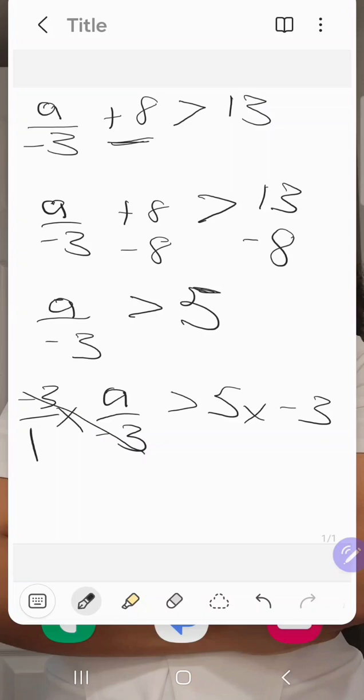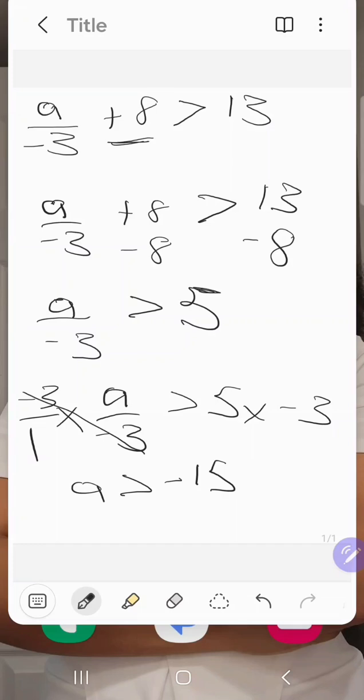So we're going to be left here with a is greater than negative 3 times 5, which is 15. So we have a is greater than negative 15 so far.